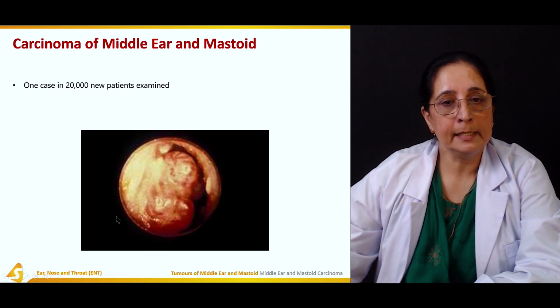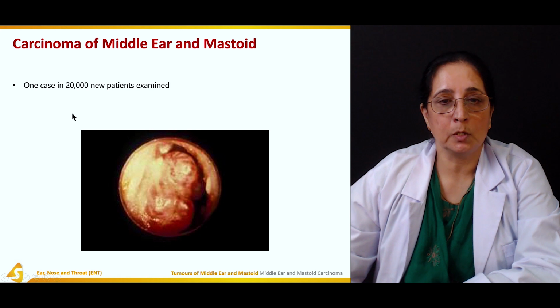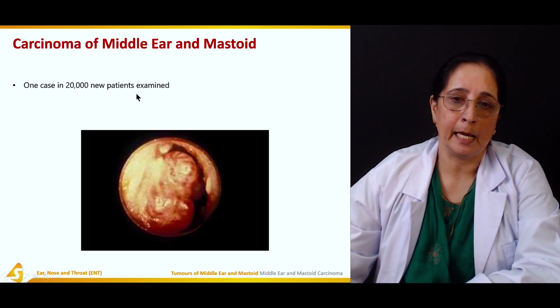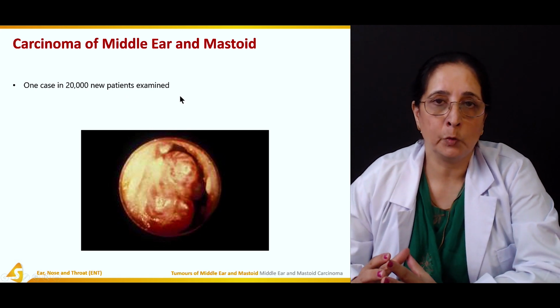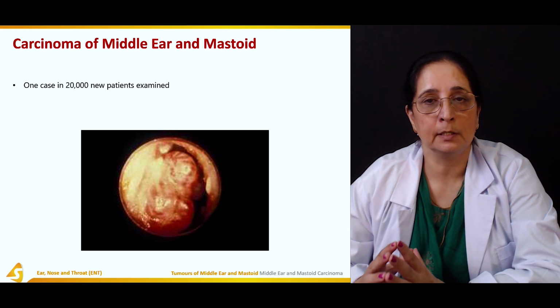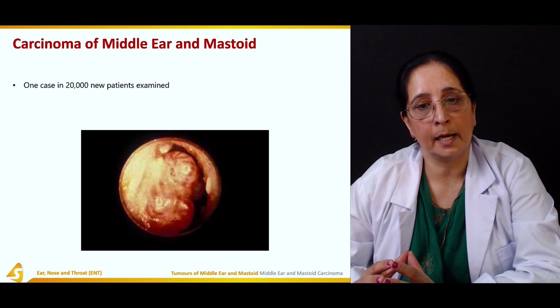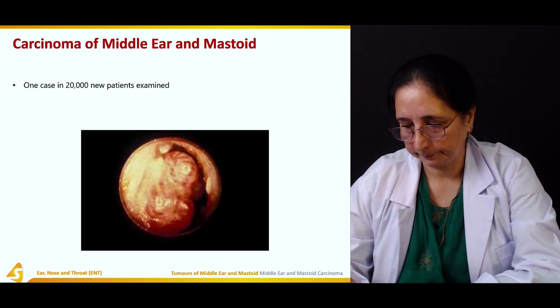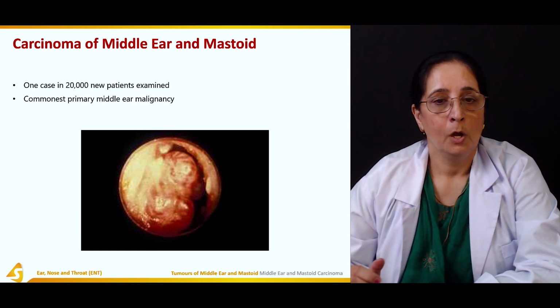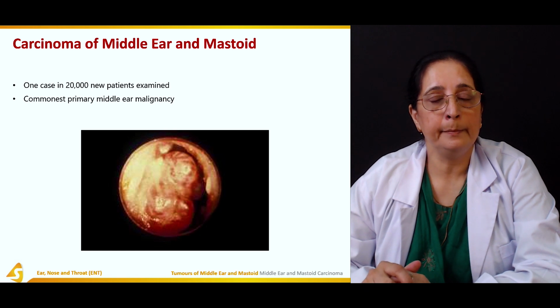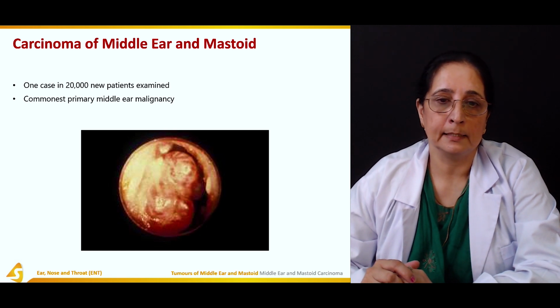There is one case in 20,000 new patients examined. So 1 in 20,000 patients can have carcinoma of middle ear and mastoid. Commonest primary middle ear malignancy.